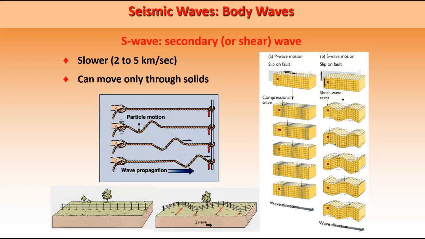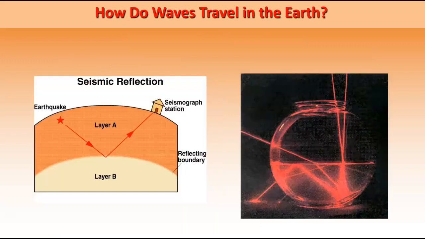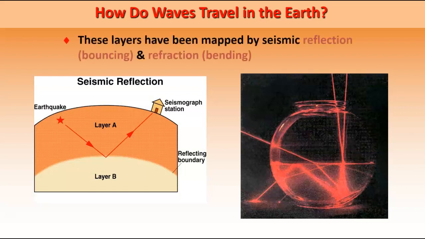So what happens when there's an earthquake big enough to send these waves throughout the entire Earth? Well, they bounce off different layers, they bend through different layers, they change their speeds through different layers, and we can record these waves. Yes, there's one P and one S, but once they start bouncing around, they generate lots of different waves.